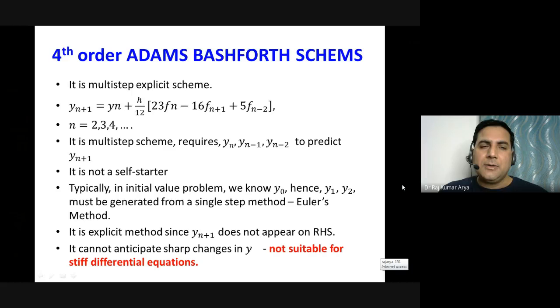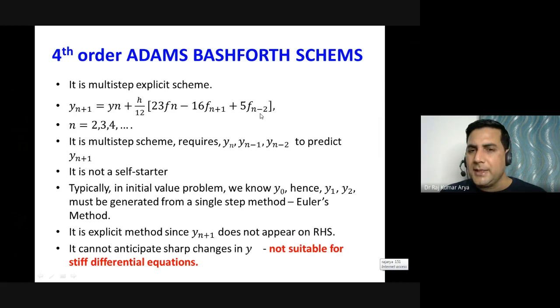Now another method in the explicit category is the fourth order Adams-Bashforth scheme. Given that you know the value of yn, yn plus 1 can be calculated by this correlation: 23 fn, 16 fn minus 1, and so on. What does it need? This will start from n equal to 2, because the time you put in 2 you get 0, you get 3.